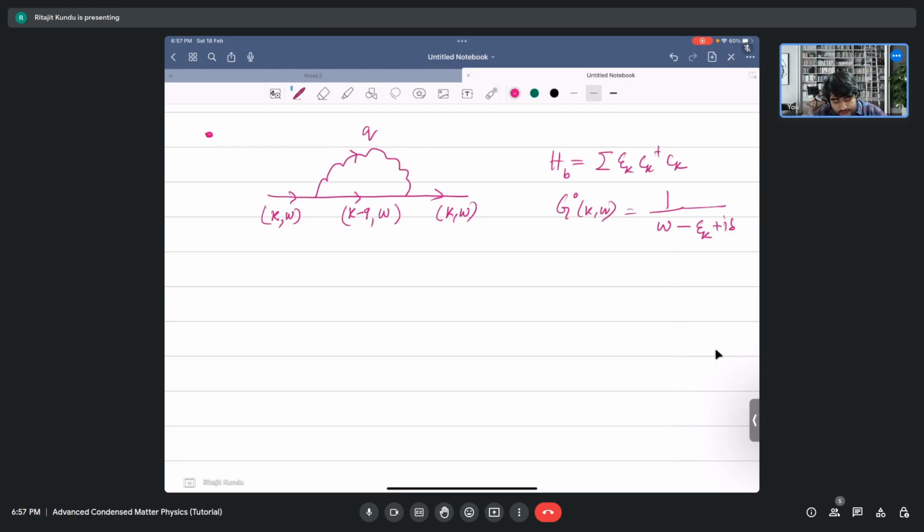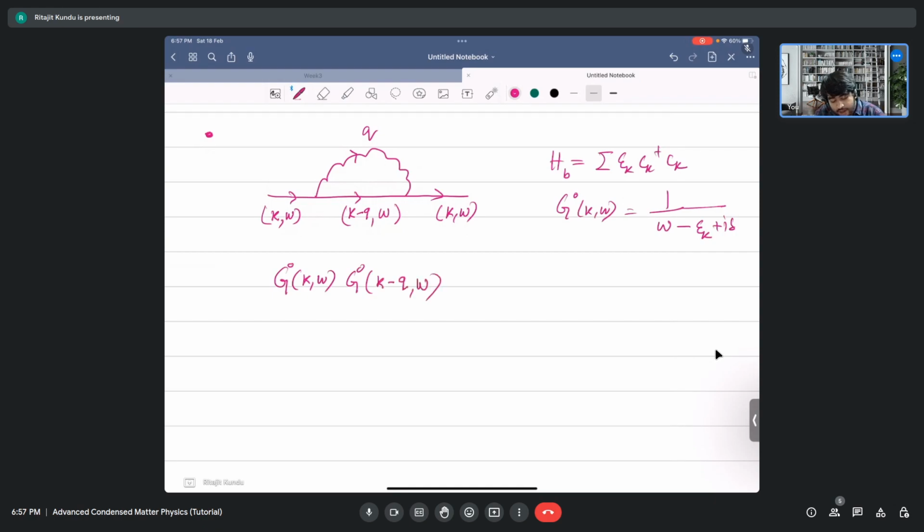Now let's write this expression. For this line, which is a bare Green's function, I'll write G naught of k comma omega. Now for this one, it is also a bare Green's function, but with k minus q and omega.